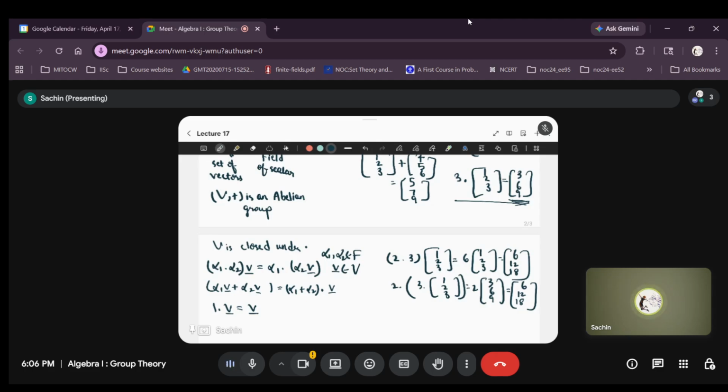You can't have a different operation. You can't pick a subset and then change the operation and say that this subset is a group under this different operation, so it must be a subgroup. No. Whatever operation the group has, under those same operations, so in terms of vector space, under the same scalar field F and scalar multiplication and addition, the subset should also have that same algebraic structure.